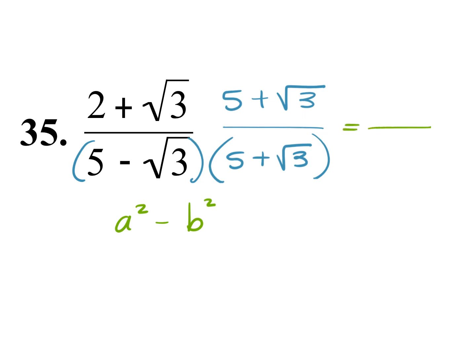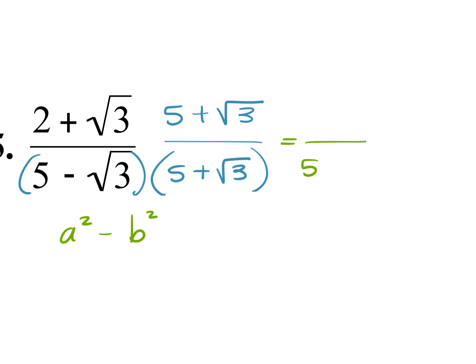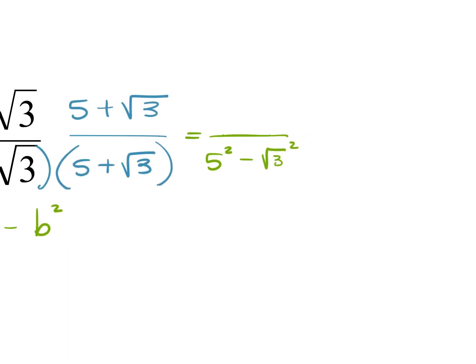So this would be, if we take the shortcut, 5 squared minus the square root of 3 squared, right? We square both of those terms, and then we subtract them. That's going to come out to 25 minus 3. So you're going to have a denominator of 22.